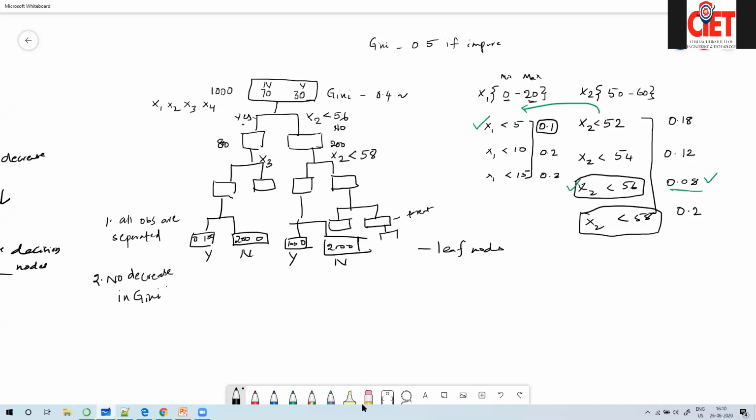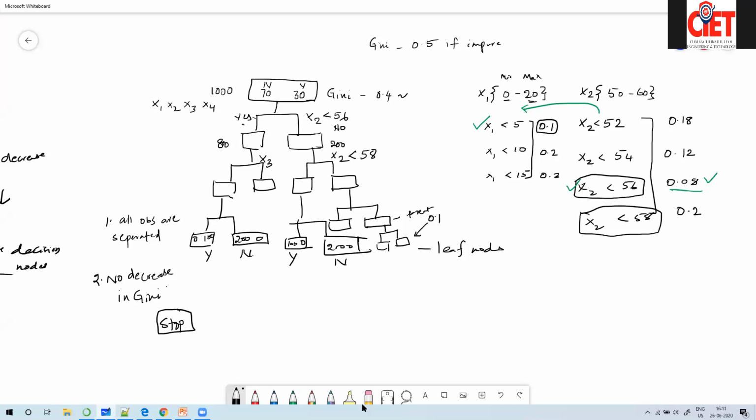None of the splits that we choose is able to decrease the Gini. So here the Gini is 0.1. We want to decrease this further, but none of the splits was able to decrease the Gini further, so it would stop. So if any of these two conditions is met, the decision tree will stop.